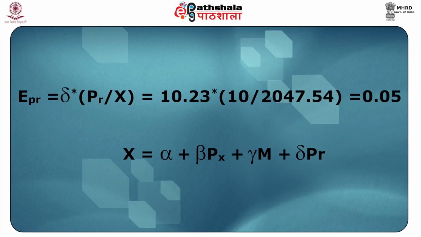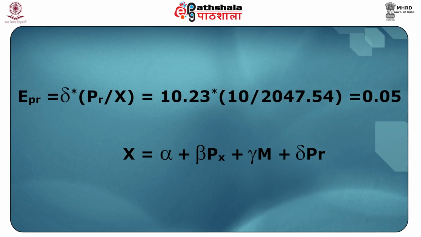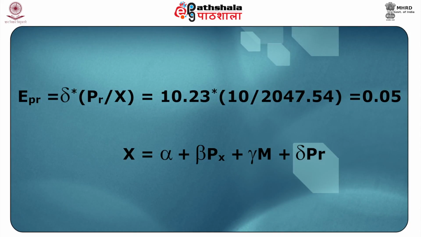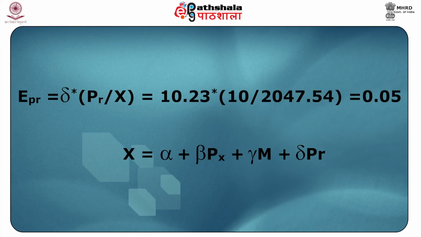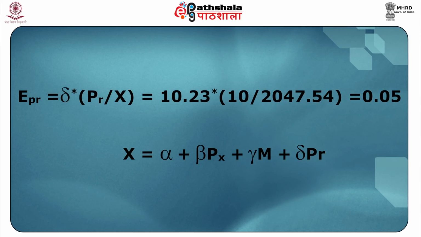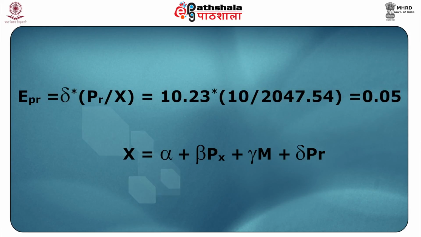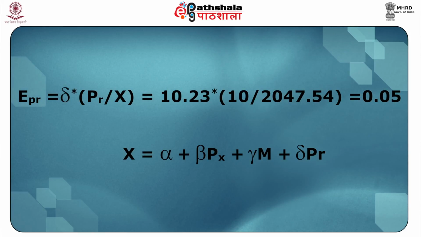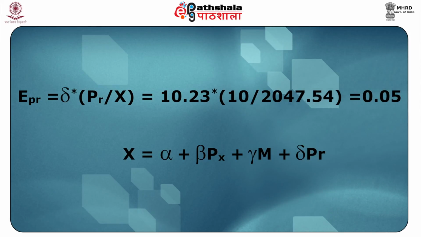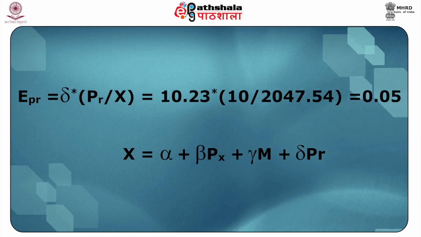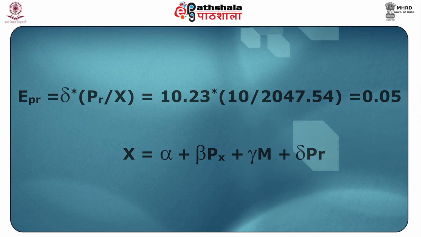And cross price elasticity is given by EPR, which is equal to delta into PR by X, which is equal to 10.23 into within bracket 10 divided by 2047.54, which is equal to 0.05. X is equal to alpha plus beta Px plus gamma M plus delta PR.